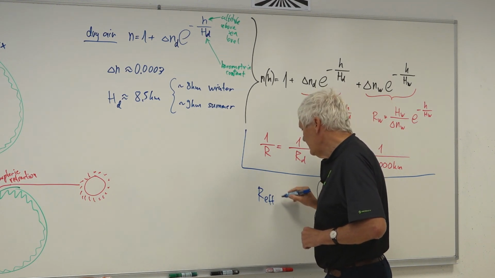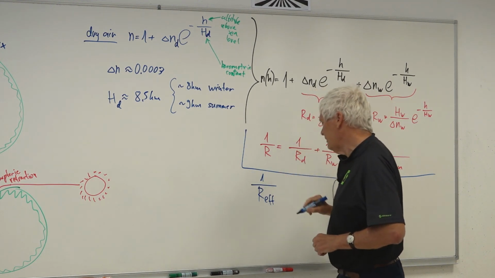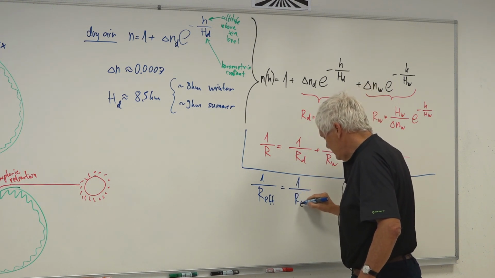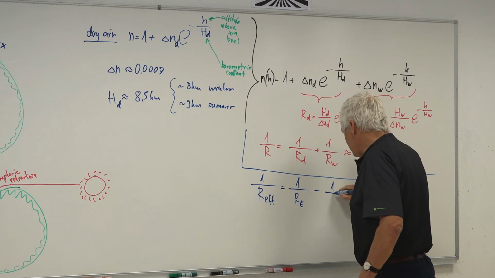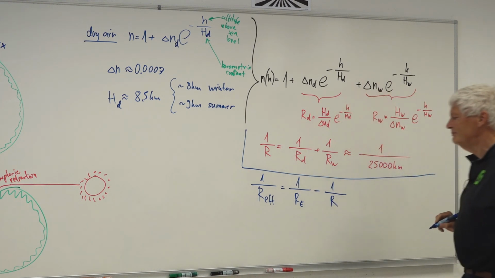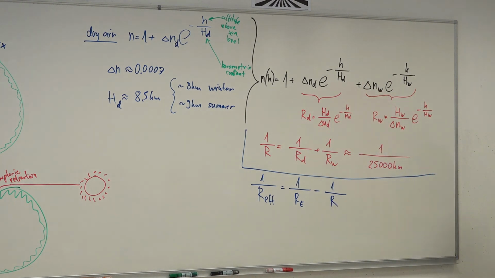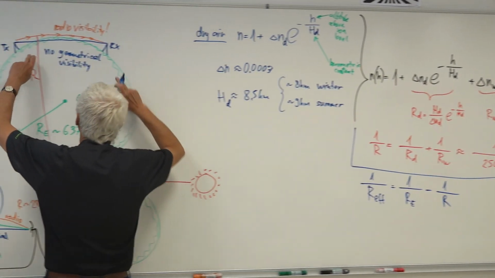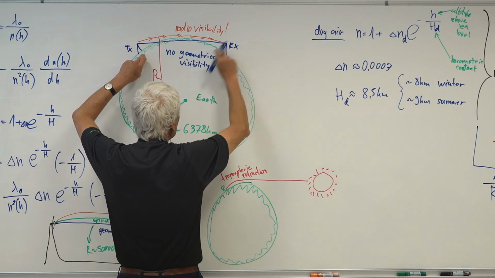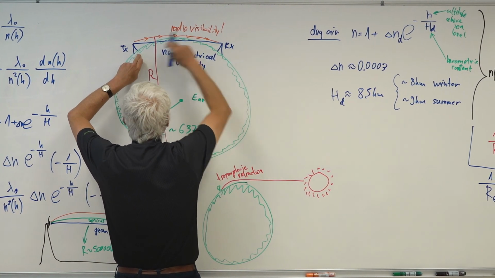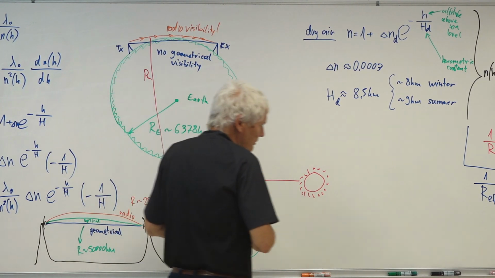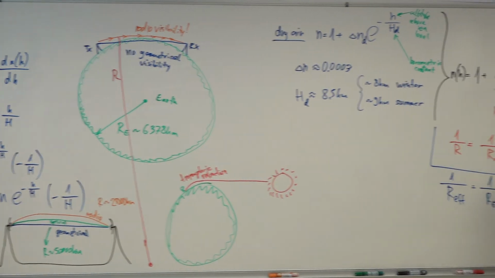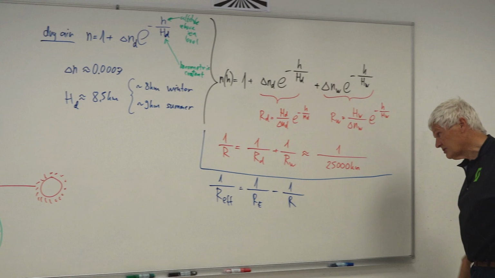R effective radius: 1 over R, the effective curvature, is the actual curvature of the Earth minus the curvature of our ray. So these two curvatures actually subtract. You see that they work one against another. The curved Earth would actually obscure our receiver, but the ray avoids the Earth curvature. And because of this avoidance, we have this minus sign here.